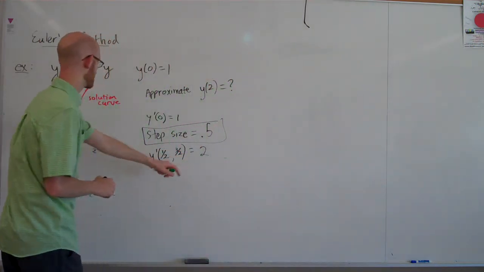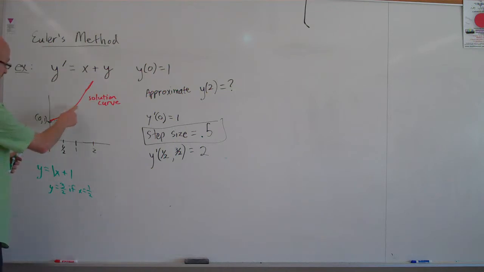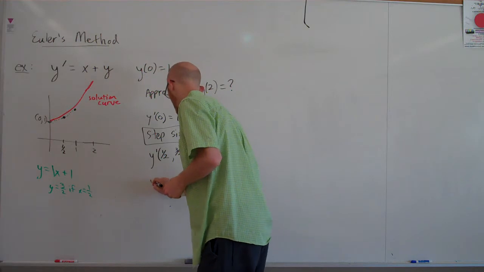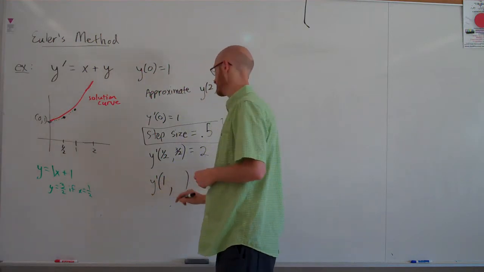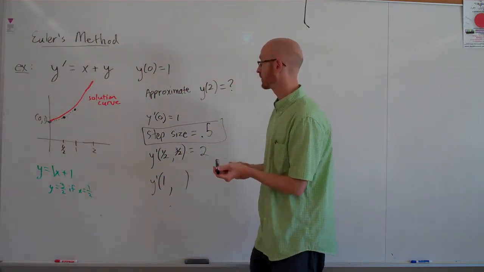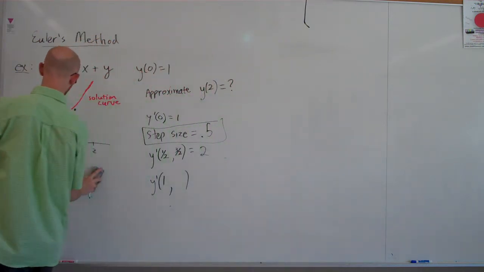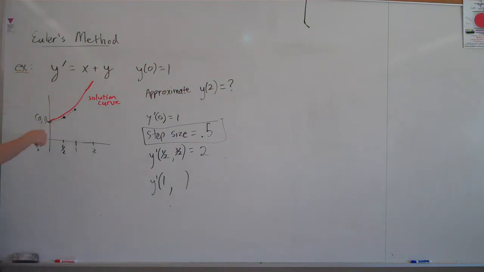So we go from there and we see that our slope is 2. And now we want to find, well, what's y prime of 1? But we don't know what the y value is yet. So yet again, we need to look at that segment and say, I wonder what that segment is. Well, we know 2 points. We know 1/2 comma 3/2 was on the line, and we also now know 1 comma, and we've got to decide there.